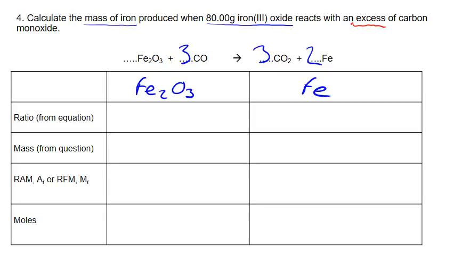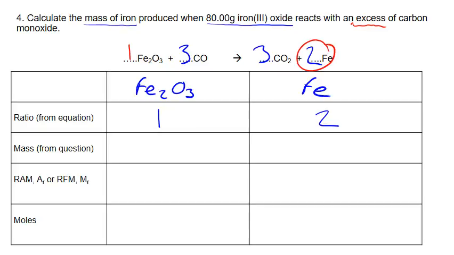Okay, now from the equation then I need to look at the ratio. Again, there's no number in front of Fe2O3, the iron 3 oxide. I can put a 1 in if I want to, just to make things easier for me to see, or I can leave it blank and just assume that there is only 1 mole. So the ratio from the equation there is 1 to 2.